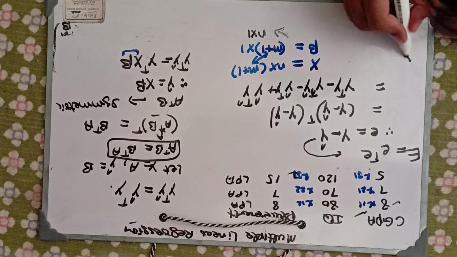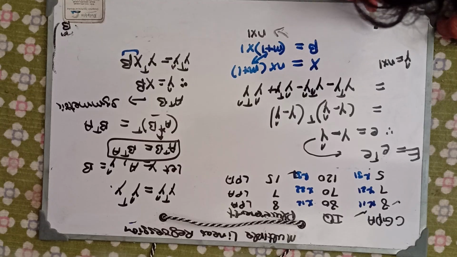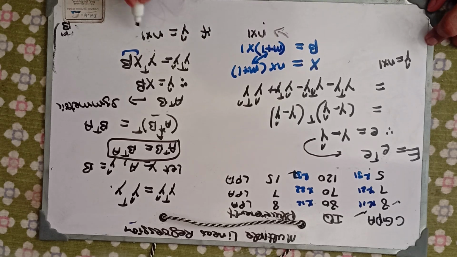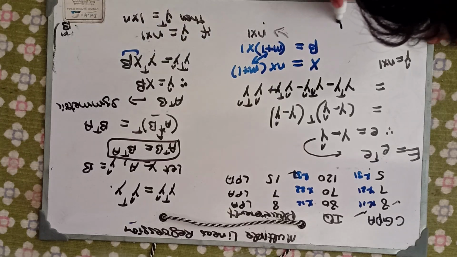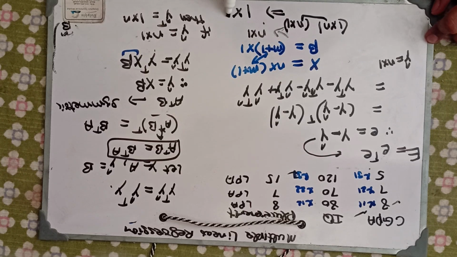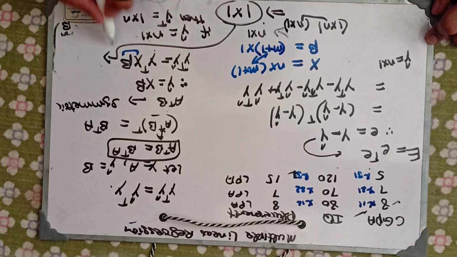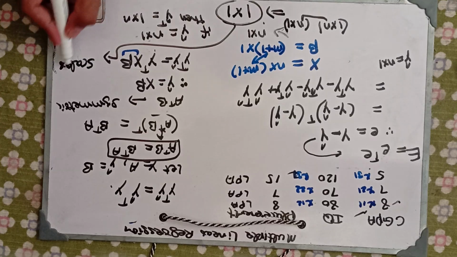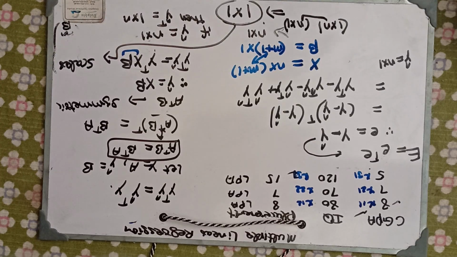If you remember, the y hat dimension was also n by 1, so y hat transpose will be 1 by n. So 1 by n times n by 1 gives a result of 1 by 1, which is nothing but a scalar. And a scalar's transpose equals the original.